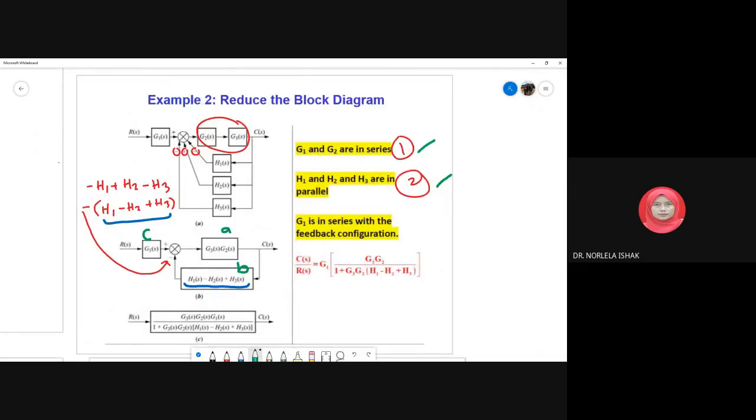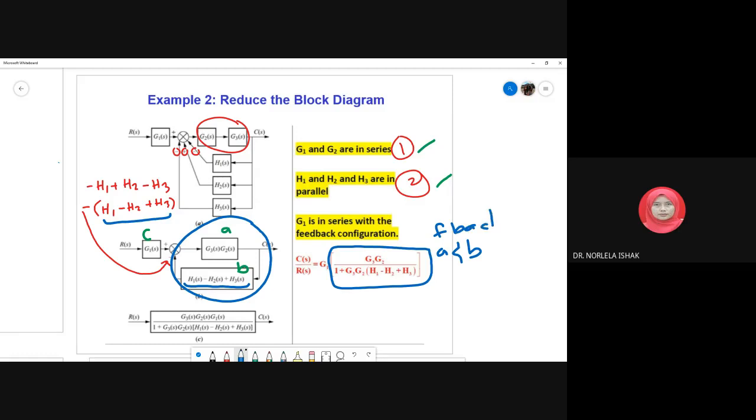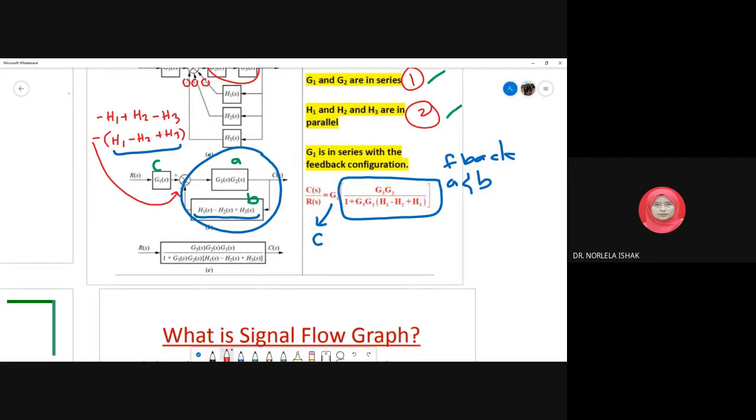You feedback A and B, meaning this is the answer for feedback A and B. You get this inside the blue box, and after that you cascade with this, which is C. Once you complete the feedback A and B, the last step you multiply or cascade with C. The last, you can get the overall transfer function.